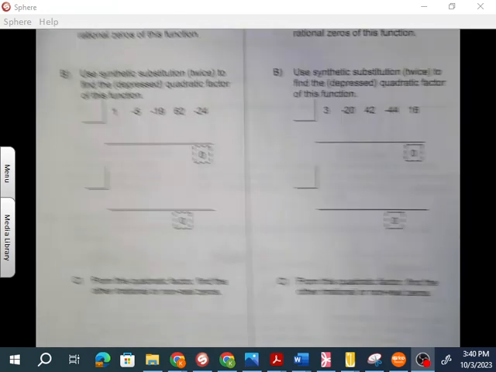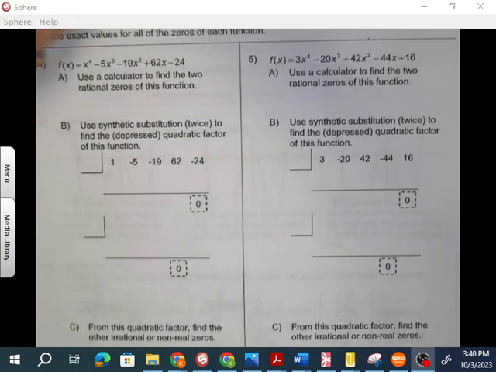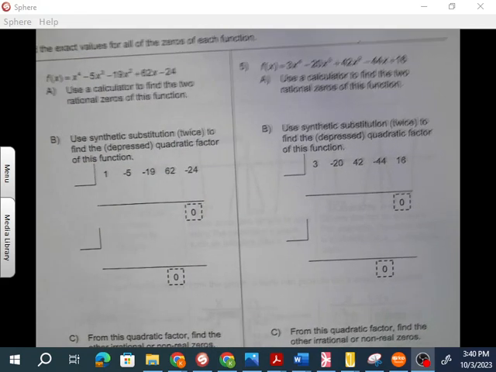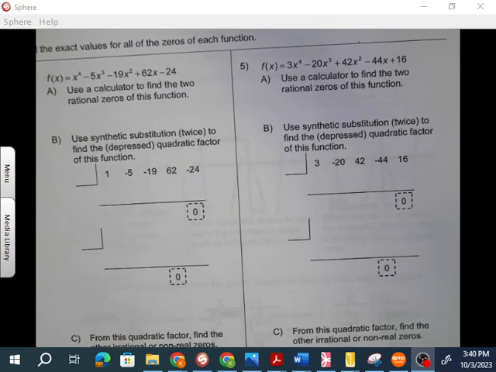So on number 4, it says first, use your calculator to find the 2 rational zeros. So we're going to put it in our calculator. It tells me there were 2 rational ones, so as long as I put it in correctly, I should be able to see 2 of them on my graph.